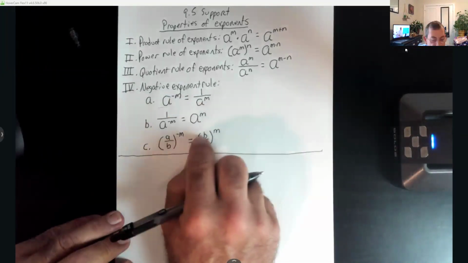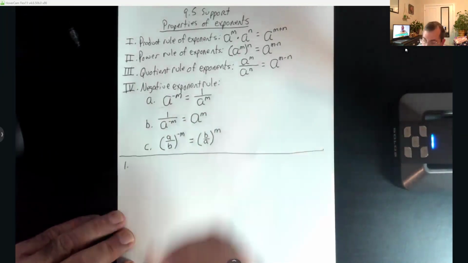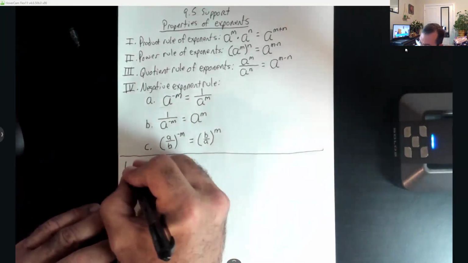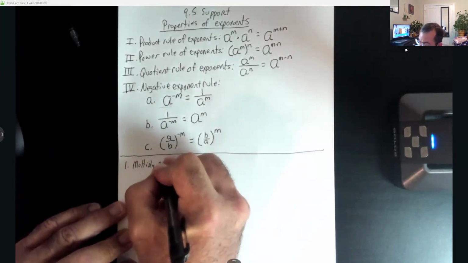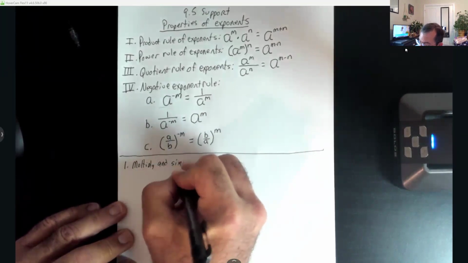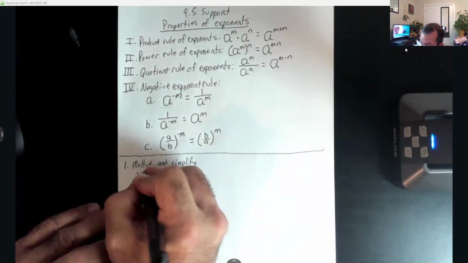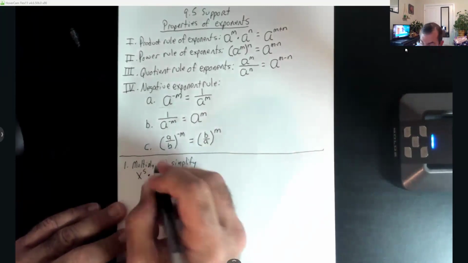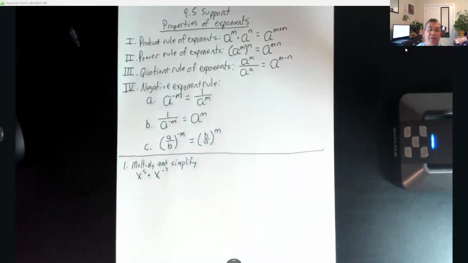So these are our exponent rules. So for the support, number one, multiply and simplify. They're giving me x to the fifth times x to the negative seventh.